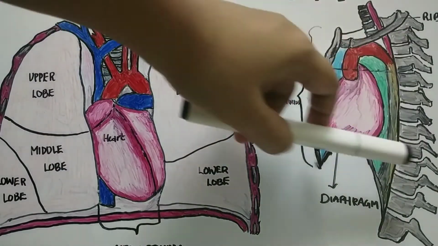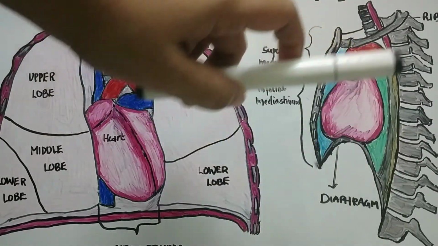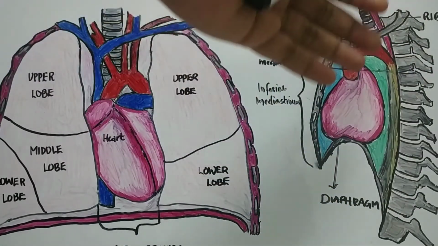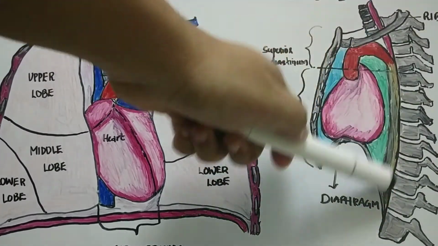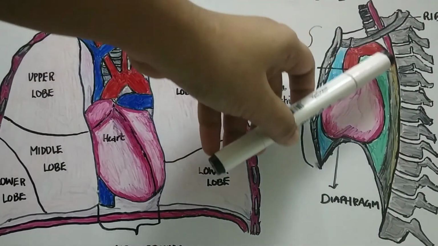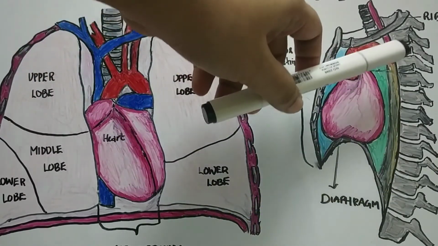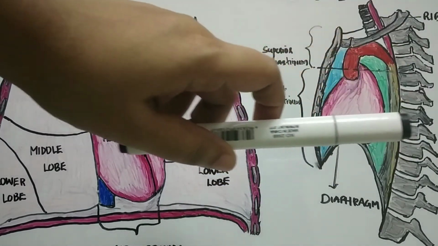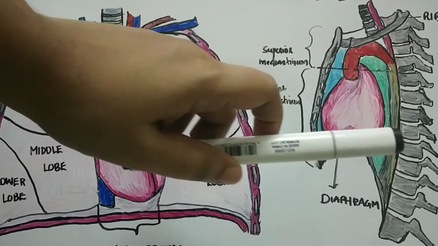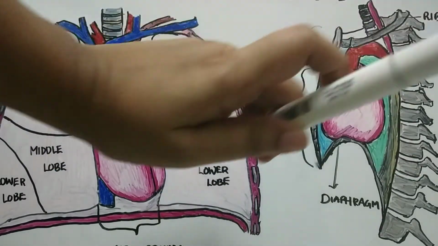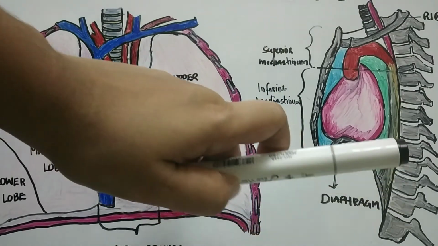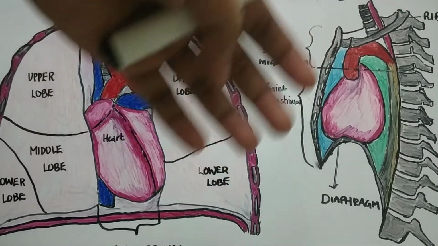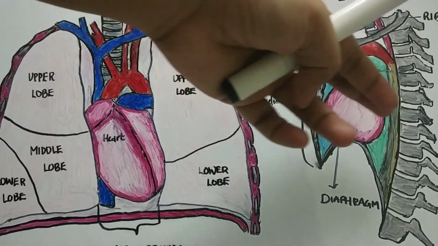And the contents of the posterior mediastinum are the esophagus. Arteries: you can see the descending thoracic aorta and its branches. The veins are the azygos vein, hemiazygos vein and accessory hemiazygos vein. Next are the nerves: you can see the vagus nerve and the splanchnic nerves, greater, lesser and least, arising from the lower 8 thoracic ganglia of the sympathetic chain.